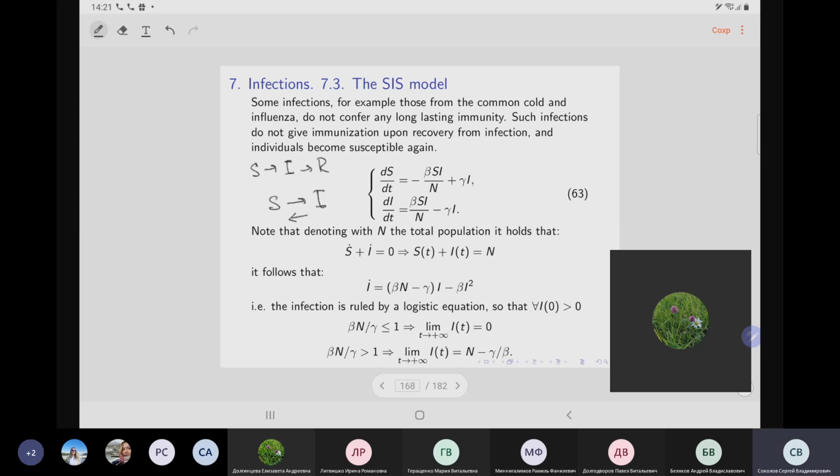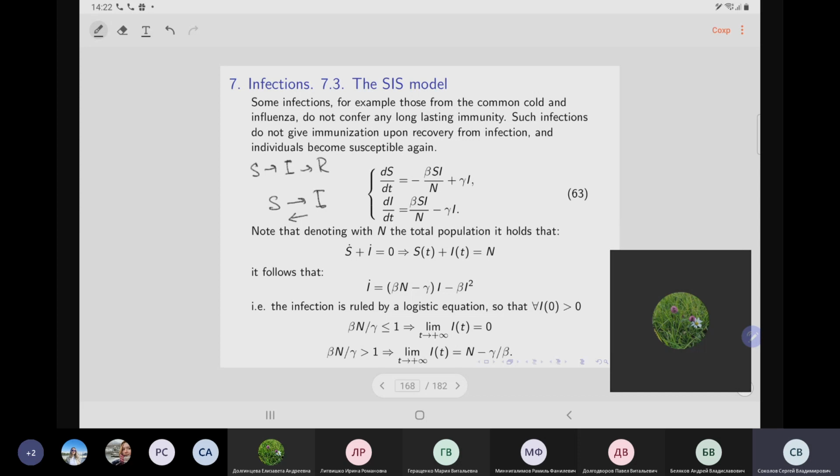As usual, beta is the coefficient showing the rate of infection, and gamma is related to the time of the infection. So far, all the infected come back to be susceptible. And for sure, in this model, we can expect that the disease will remain.